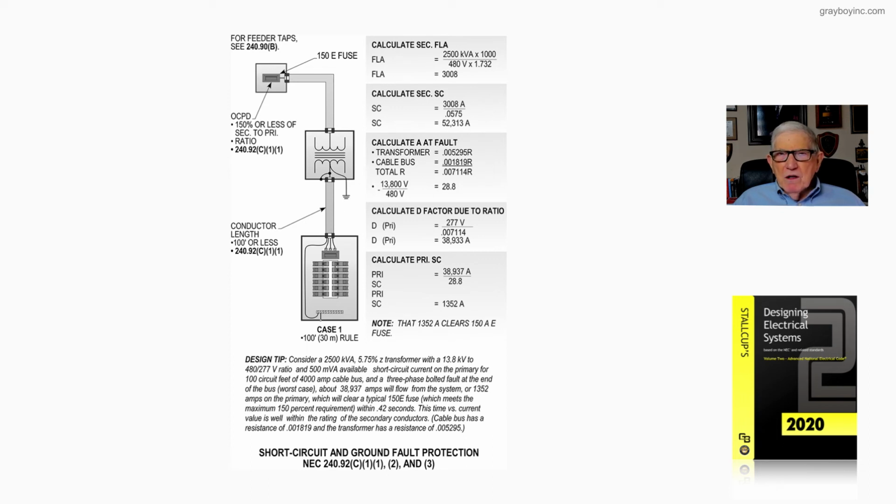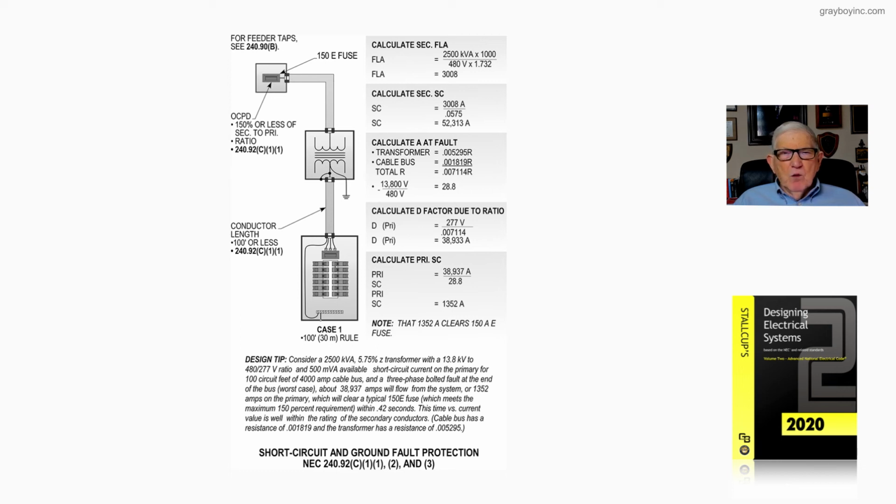Calculating primary now, we got to get enough current from this ratio to trip that 150 amp fuse. That's what we're trying to perform here. So calculate the primary short circuit current. You would take the 38,933 that we just calculated, divide that by 28.8, and you'd come up with 1,352 amps.